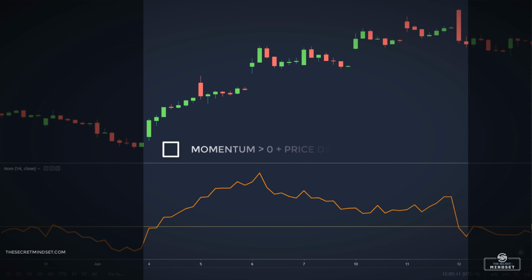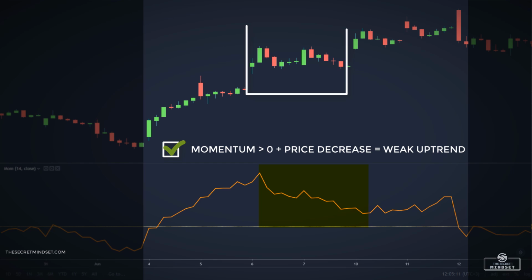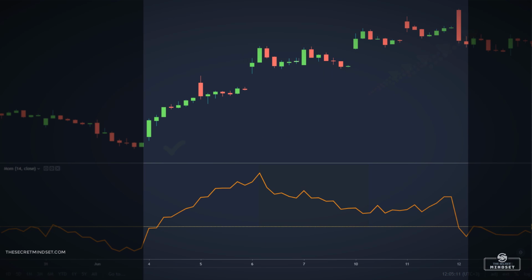If the momentum indicator starts declining but is still above the 0 level, this means that the trend is still on the upside, but at a reduced rate. This signals that the market is losing upward momentum. This doesn't mean that a reversal or trend change will happen. It's just a warning sign that the momentum is getting weaker.